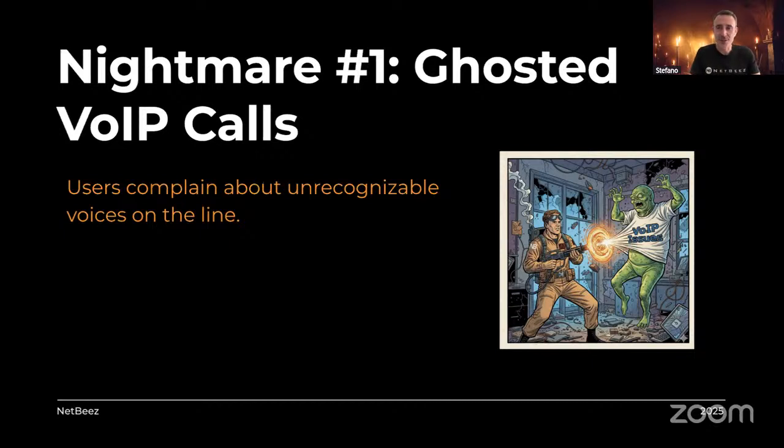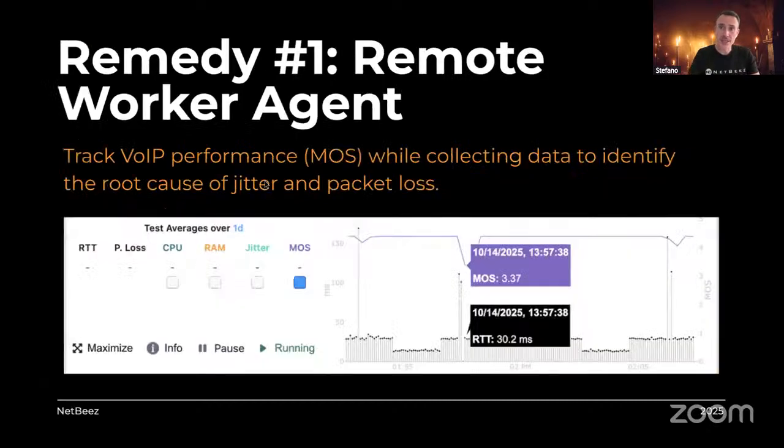It feels like the line is haunted by some ghosts. That's definitely a VoIP performance issue, a very common problem that network engineers and network administrators in general have to troubleshoot. And we want to show you as a remedy what NetBees provides to really deal with this nightmare.